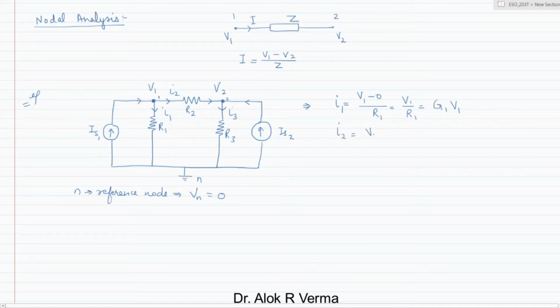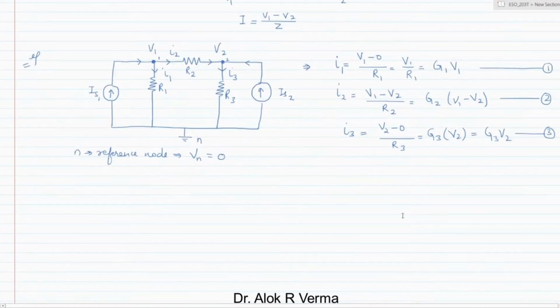I2 is nothing but (V1 minus V2) by R2, which is G2 times (V1 minus V2). Then what is I3? I3 is the voltage across the element R3, so (V2 minus 0), the reference node, by R3. We can write it as G3 into V2, or simply G3 V2.